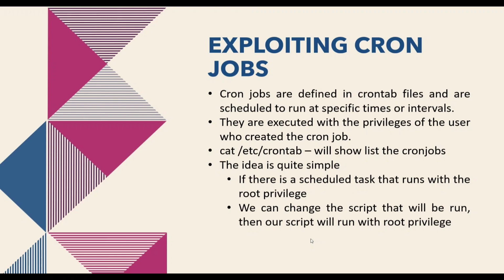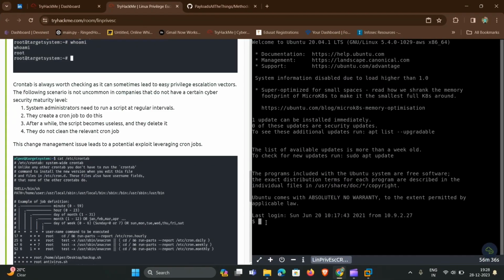Now hopping to practical skills to get an idea of how it can be done on real machines. First we will check the user. Whoami? Karen user. Okay, a normal user, not a root user. Now we will check for the cron jobs.